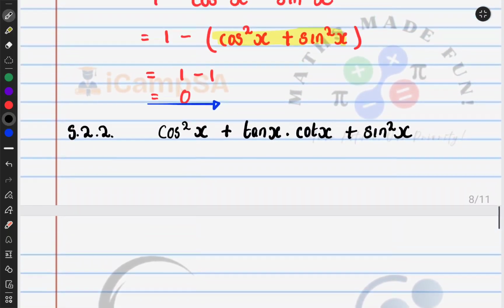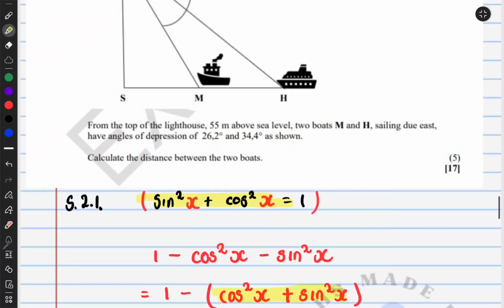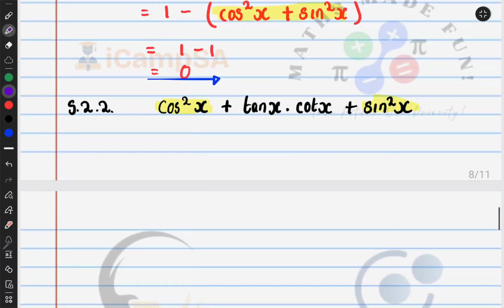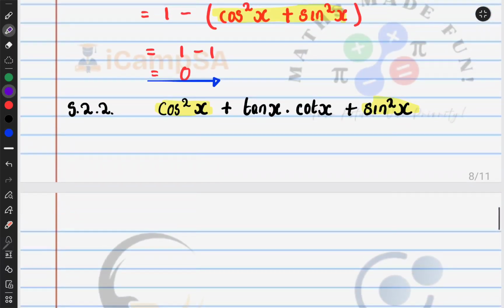Okay, so first thing first, we must realize that now we have cos squared x plus sine squared x. What is cos squared x plus sine squared x? It is this identity that we have there, which is equal to 1. So first thing first, let's put it on one side: cos squared x plus sine squared x, plus tan x multiplied by cot x.